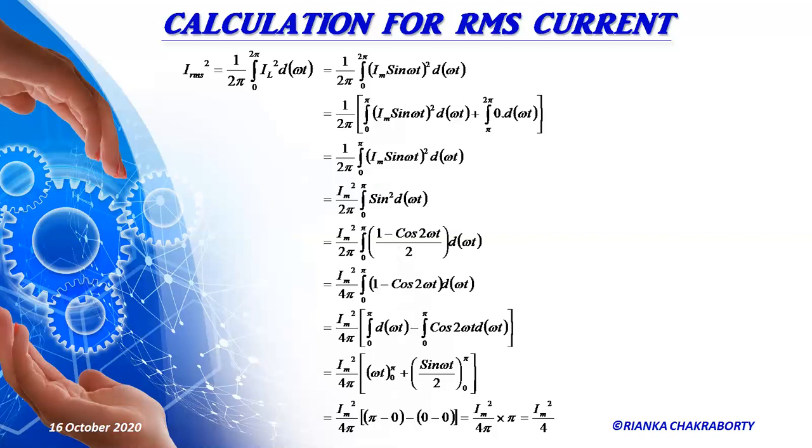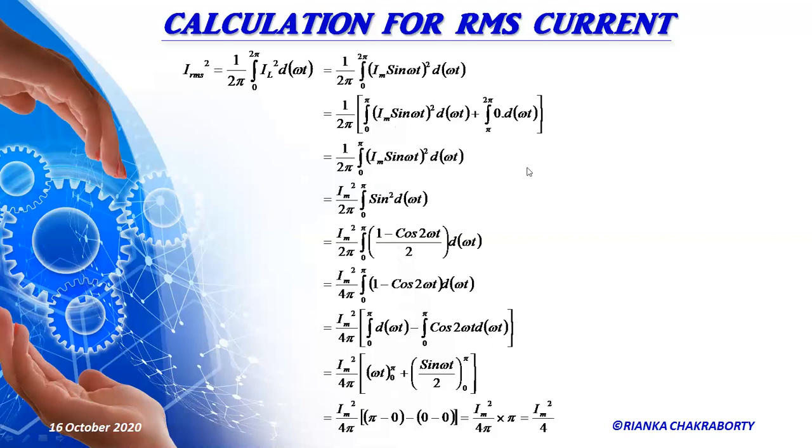We know that cos 2 theta equal to cos square theta minus sin square theta. From that we get sin square theta equal to 1 minus cos 2 theta by 2. Sin square omega t equal to 1 minus cos 2 omega t by 2. So if we calculate this, we get IRMS square equal to Im square by 4.